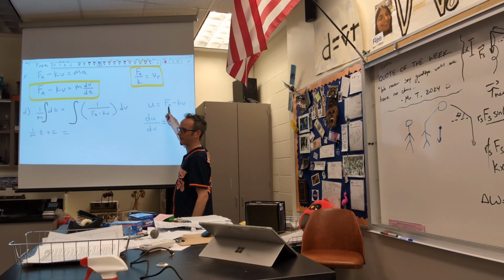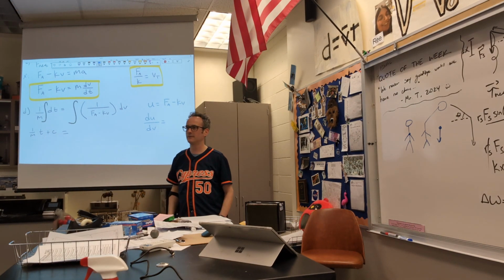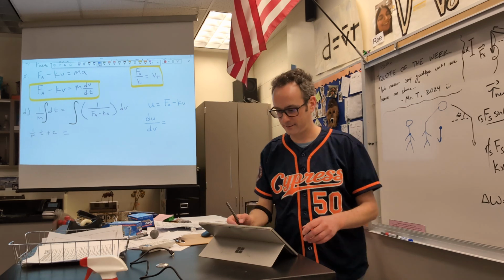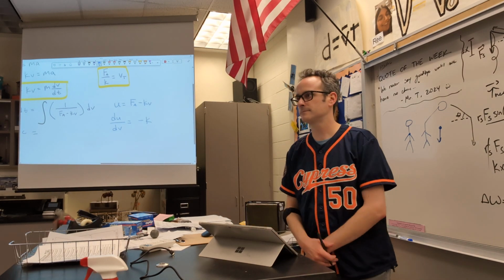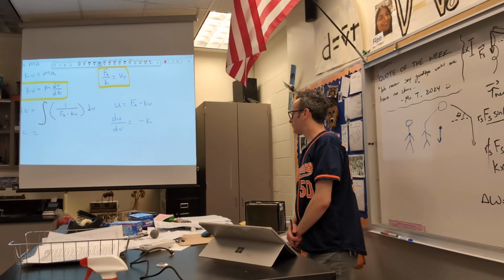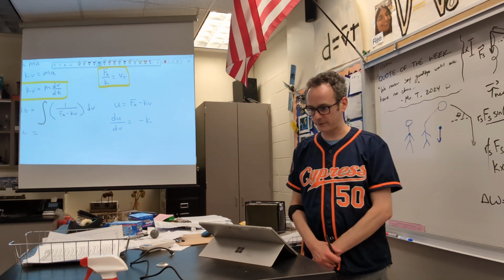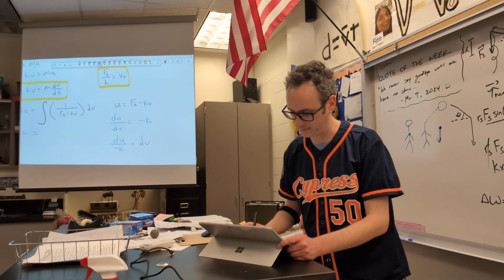What's the derivative of a constant? 0. Minus kv. Well, the derivative, again, k is a constant, but v, negative k. Again, the process says next thing to do, isolate, in this case, dv. So it'll be du over negative k equals dv.